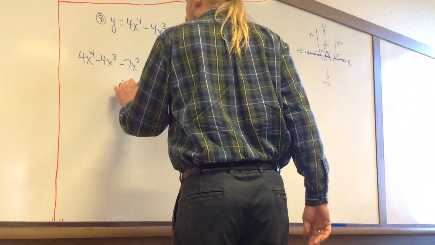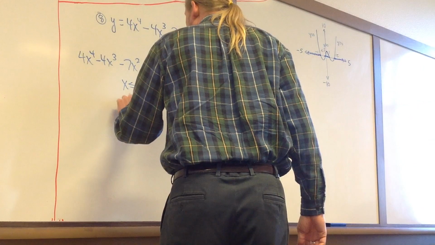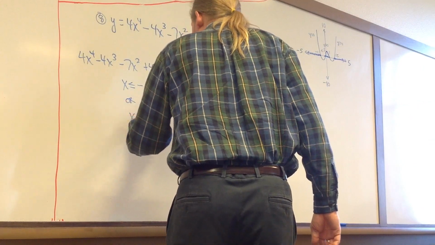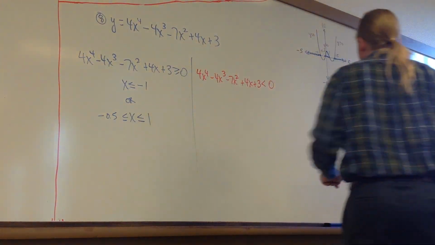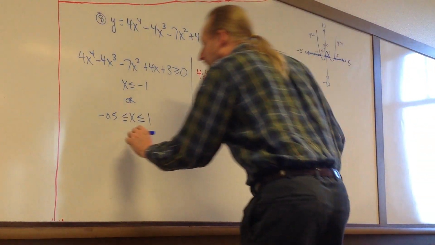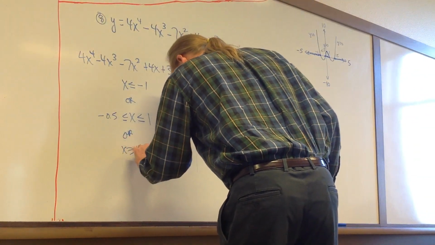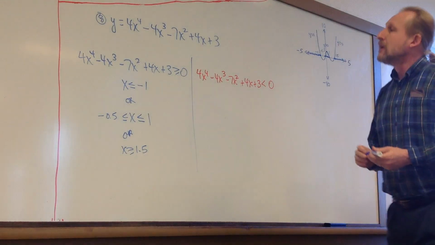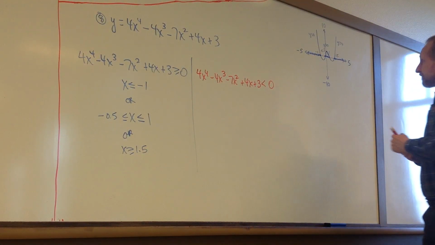Okay, so that is x less than or equal to -1, or x less than or equal to 1, but greater than or equal to -1/2. That's this middle section. And then this last piece over here, or x greater than or equal to 1.5. So those are all the regions where the y's are positive.